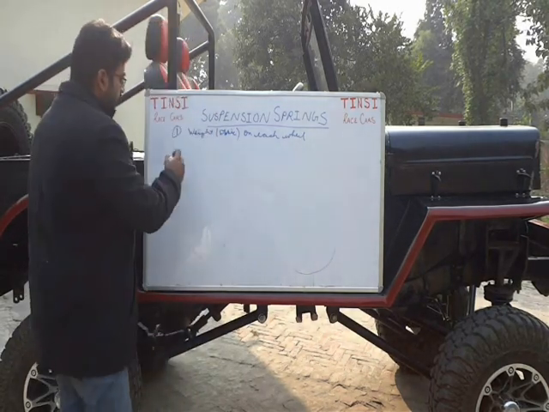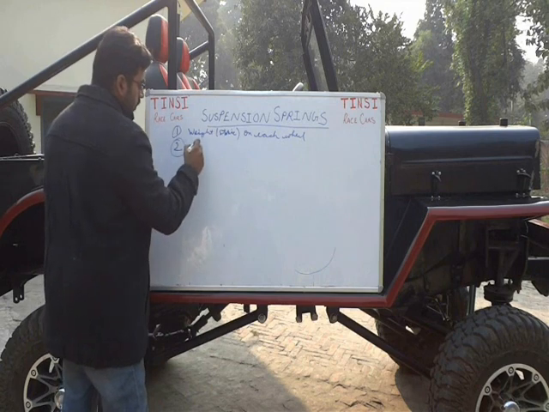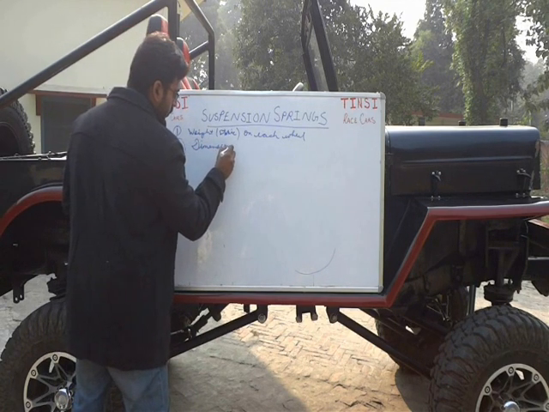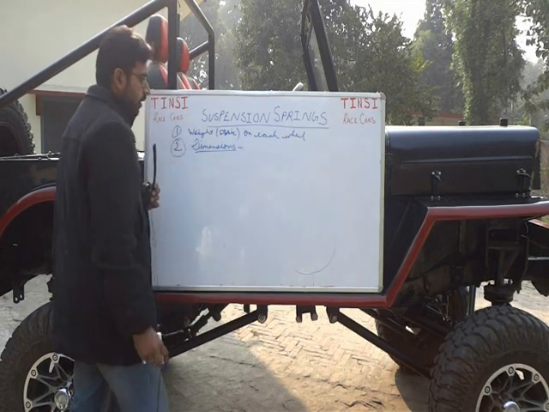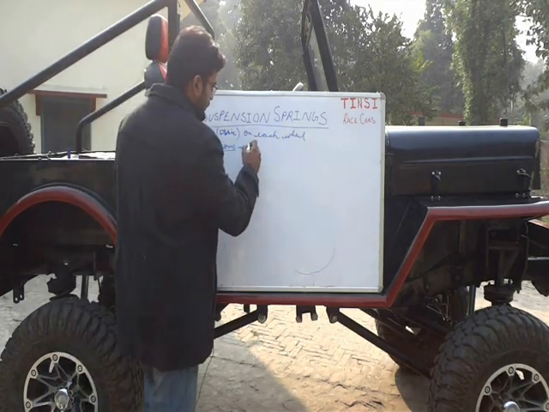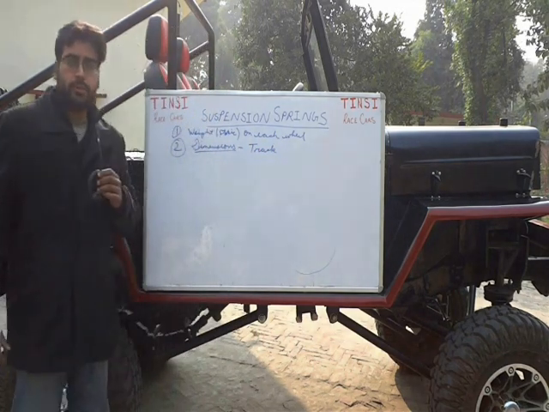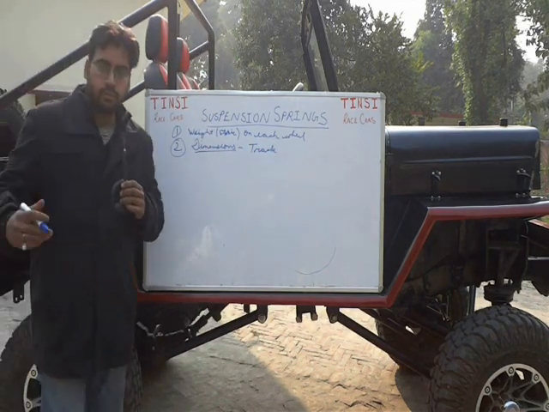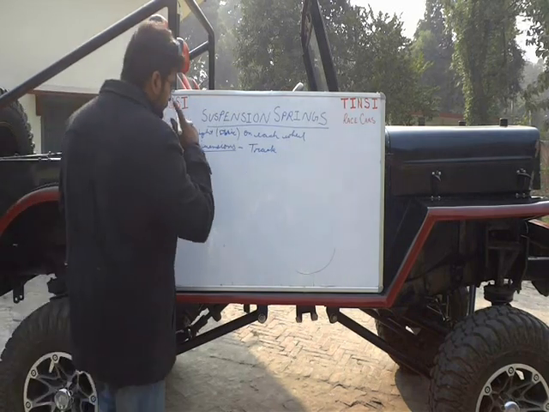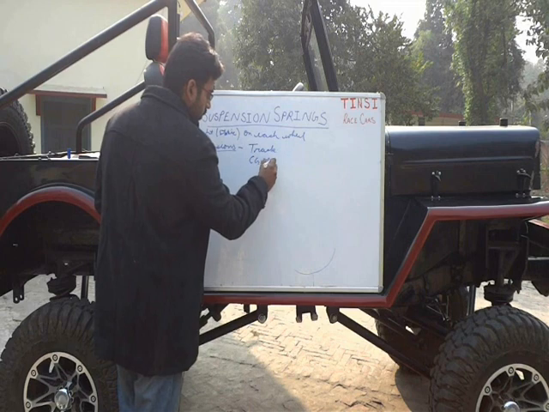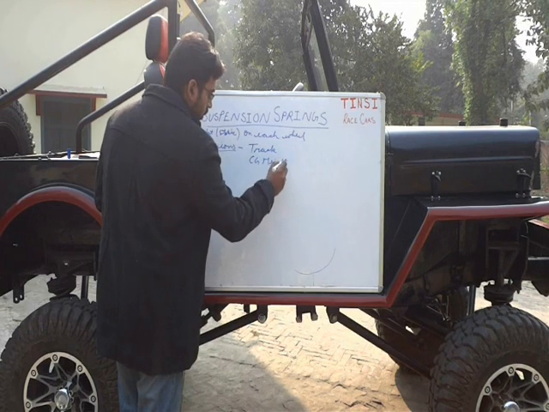Second, what we need are the dimensions. There are quite a few dimensions in this. First is your track, the lateral distance between the centers of the two wheels. Next, we need the CG height from the ground.